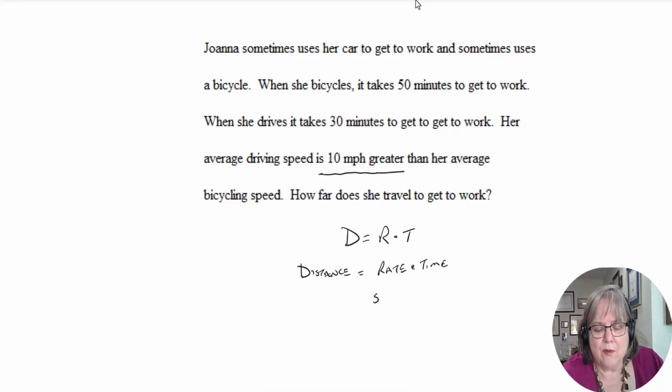So if you were driving 50 miles per hour for 2 hours, you would have traveled 100 miles, right?